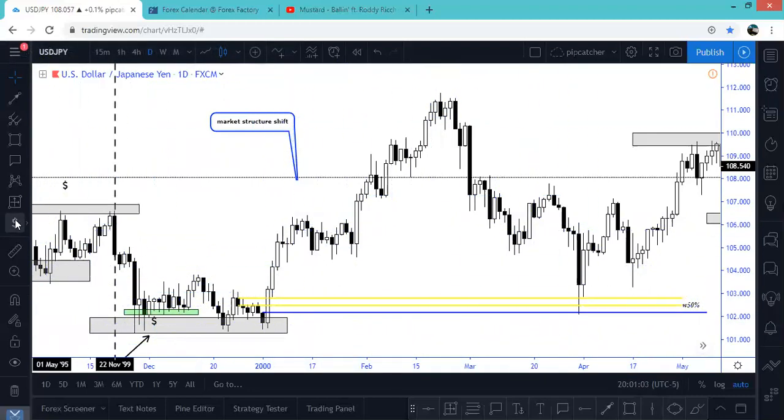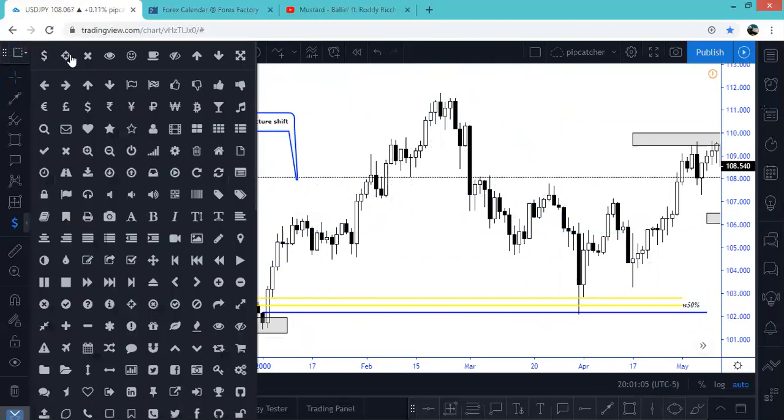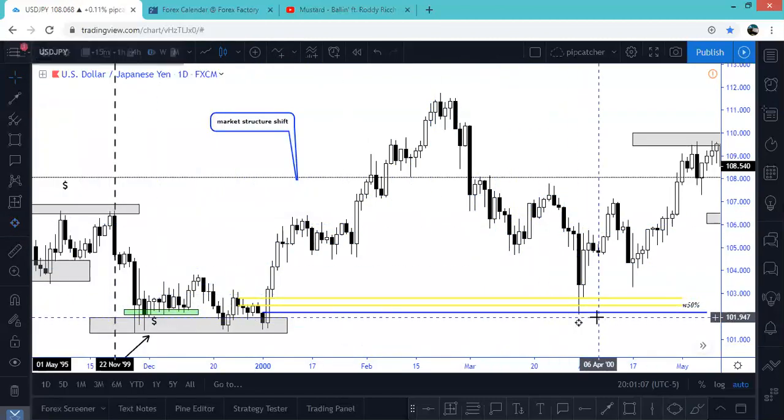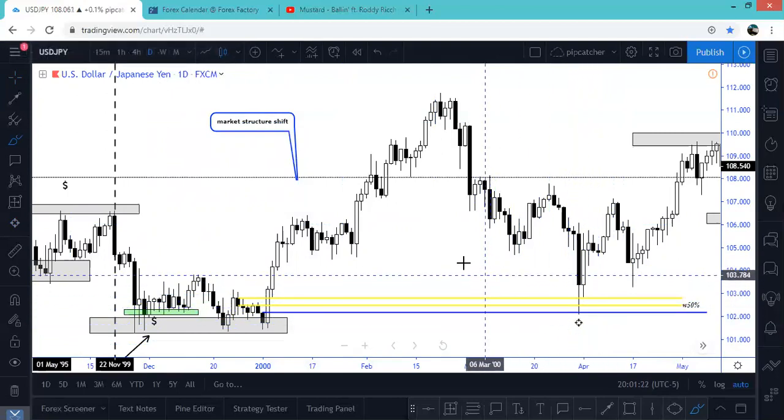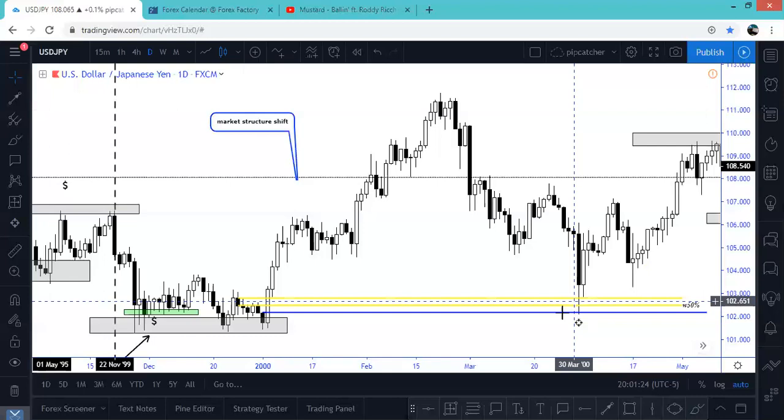Now look at this entry that we would have got right here. You guys see this entry? Zero drawdown trade. Zero. None. No drawdown on this trade right here. You would have entered right here. Right? Beautiful trade setup.